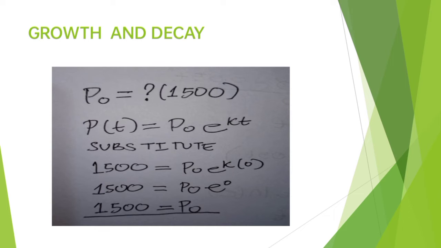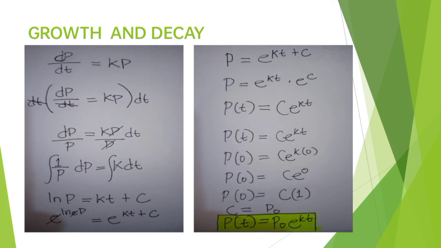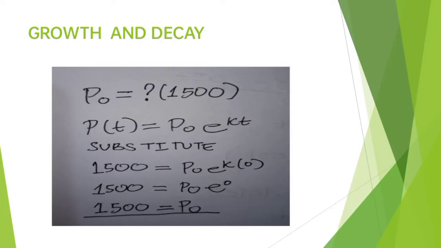So here it is: P of t equals P0 e raised to k times time. Didn't we use this already? It's connected. So, 1,500 equals P0 e raised to k times 0, or times time.